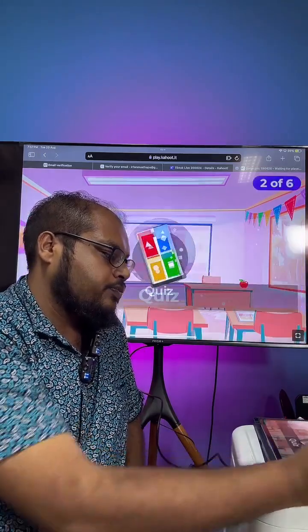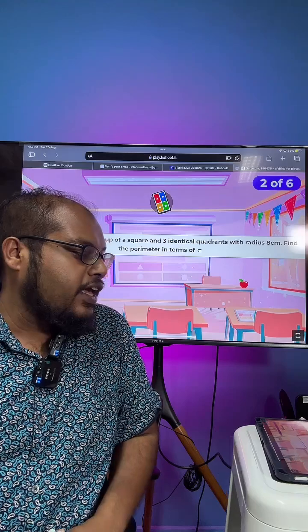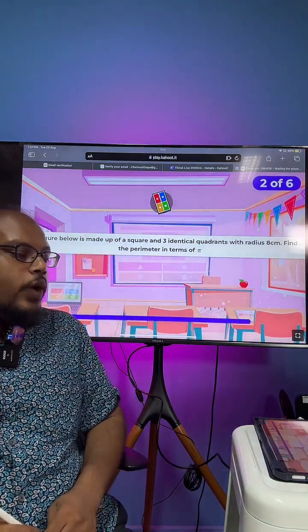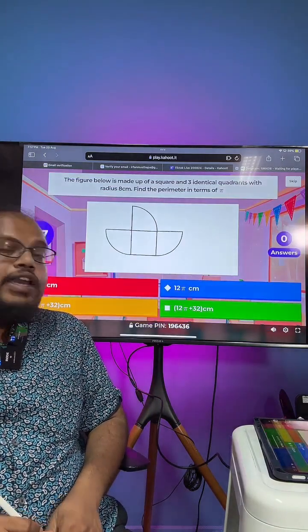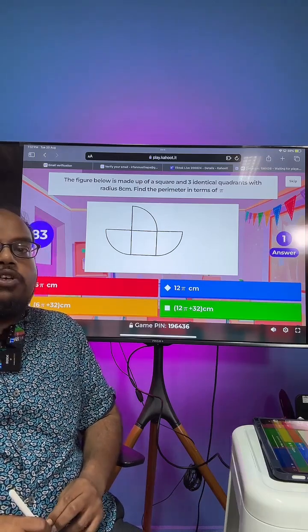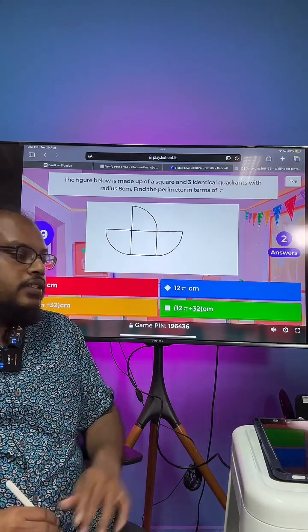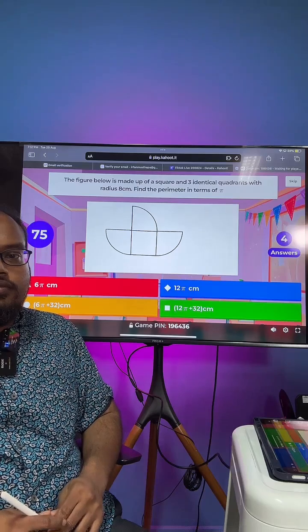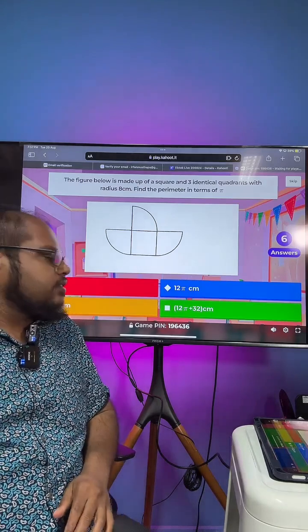Alright, let's go. Question number 2. This is a question on circles. The figure below is made up of a square and 3 identical quadrants. The radius is 8 cm. Find the perimeter in terms of pi. Remember, I'm asking for perimeter, not area.